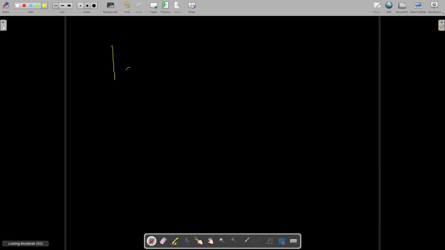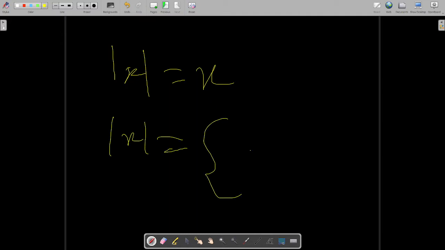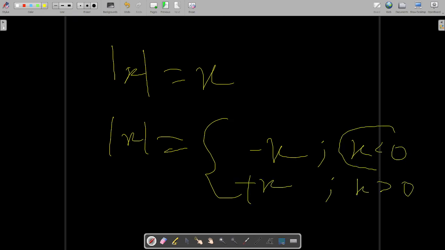Never ever think that mod x will simply mean x because it is always positive. No, it will mean minus x for x smaller than 0, and it will mean plus x for x greater than 0. Why? Because if I take minus 5, then minus 5 will come over here. We all know very well that mod of minus 5 is equal to 5.